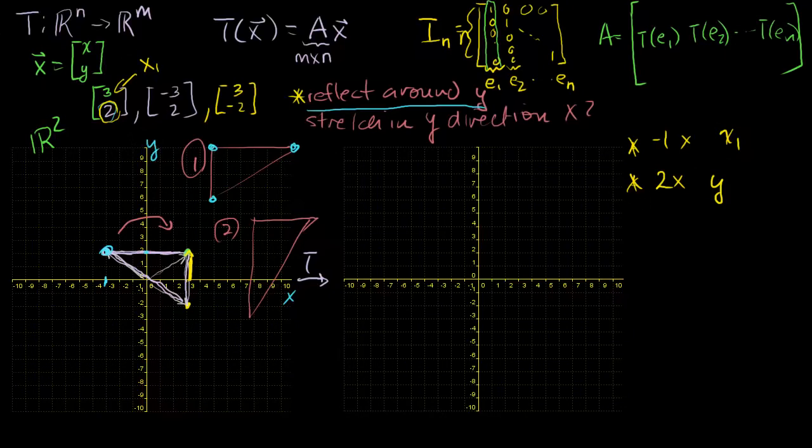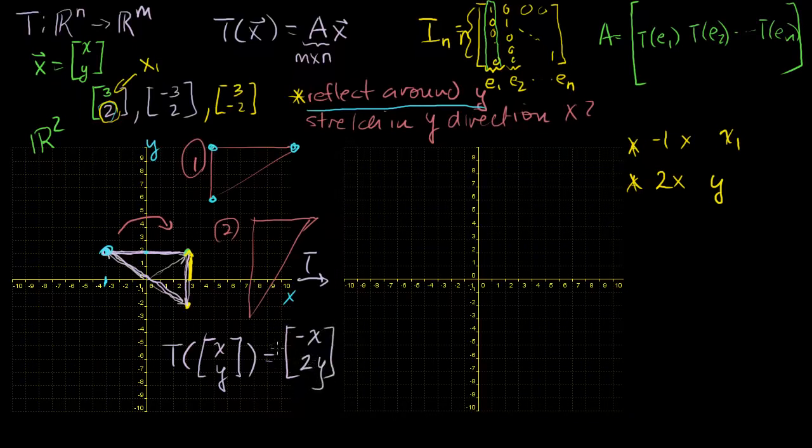I can write it down in transformation words. I could define my transformation as T of some vector x, y is going to be equal to -x, 2y. I take -1 times the x, and then I multiply 2 times the y.